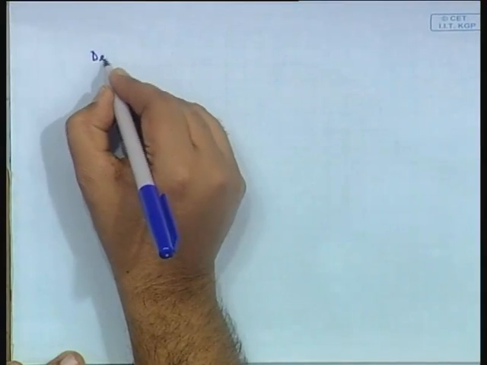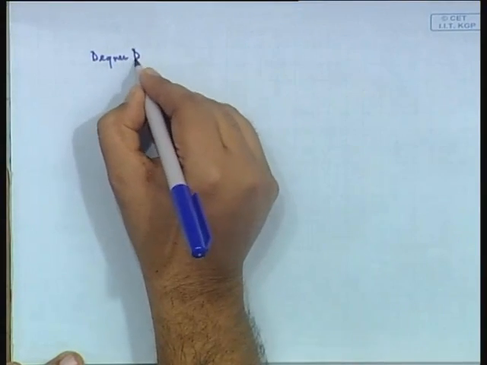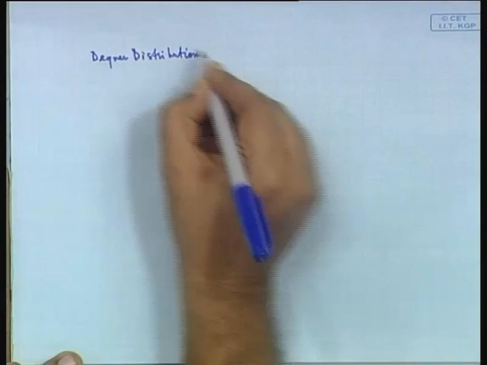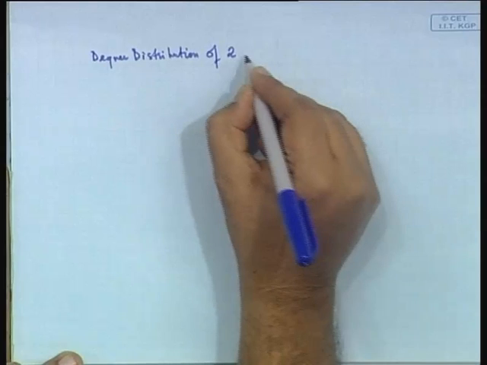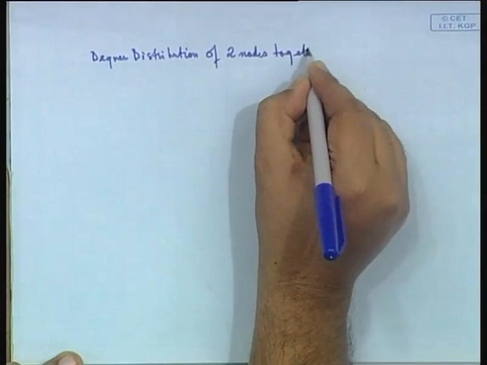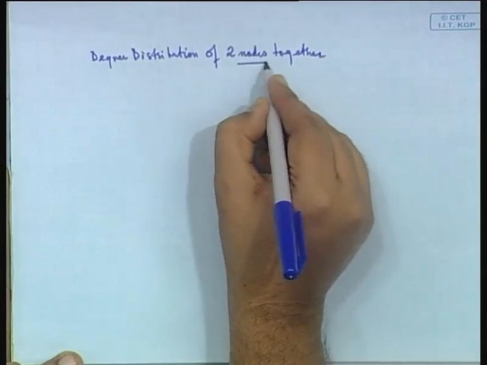The question is simple: you want the degree distribution of two nodes together.